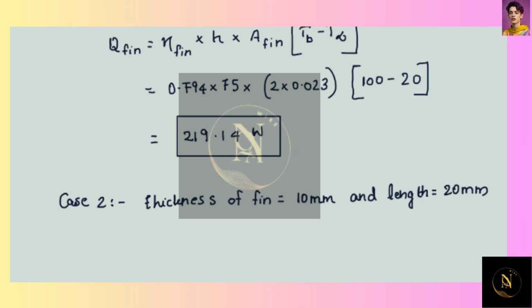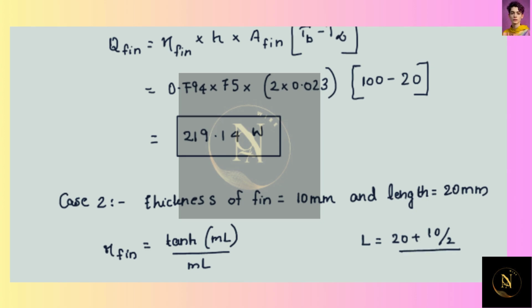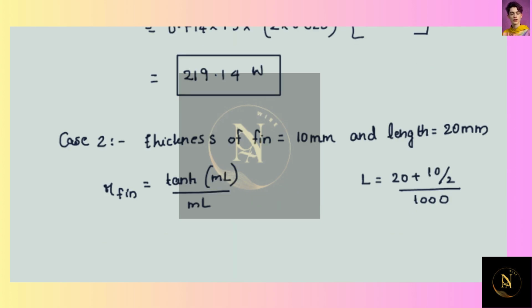We need to calculate the efficiency of fin. The equation is tanh of mL divided by mL. Here L is equal to the length 20 plus thickness 10 mm by 2, whole divided by 1000.